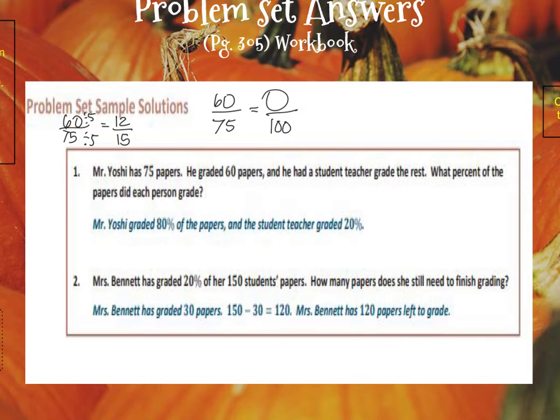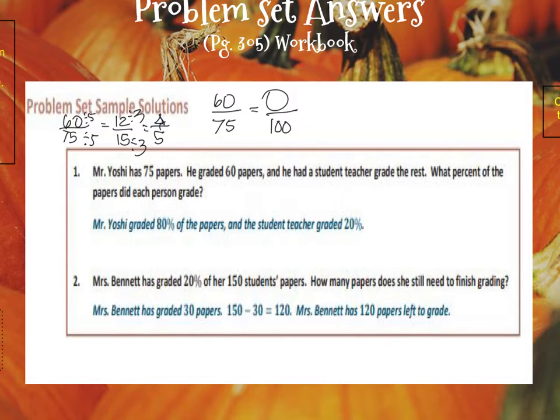Can I divide this anymore? I think I can divide by 3, divide by 3. And I get 4 over 5. So I divided it down to 4/5. He got 4/5 of the papers graded.